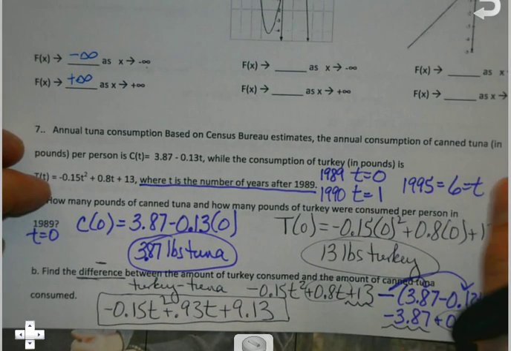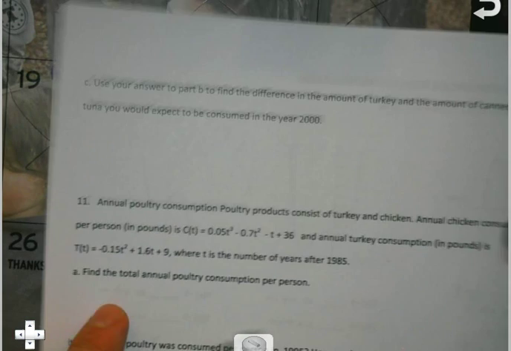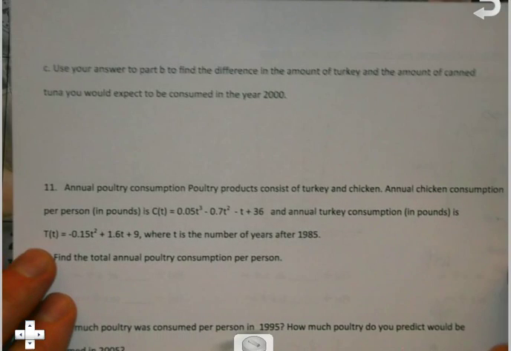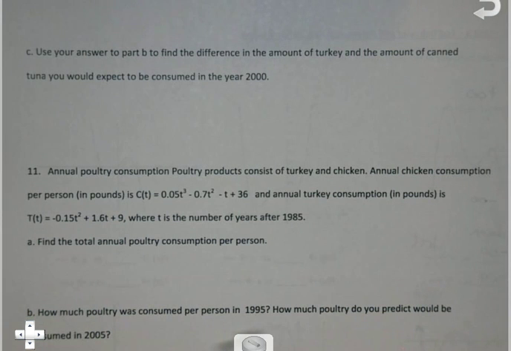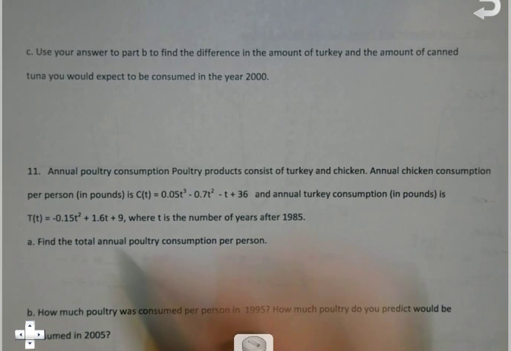Well, it just so happens that this problem isn't quite done yet. When we flip to the back, it says use your answer in part B, excuse me, to find the difference in the amount of turkey and the amount of canned tuna you'd expect to be consumed in the year 2000. Okay, bless you.